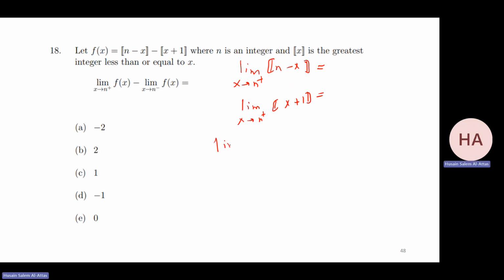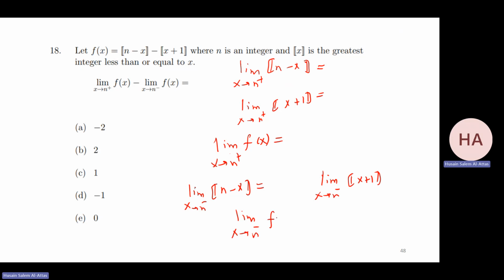Then I will find the limit of f of x as x goes to n from right. Then I will do limit x goes to n from left for the other part, and then limit x goes to n from left for f of x. Okay, let us do it step by step.